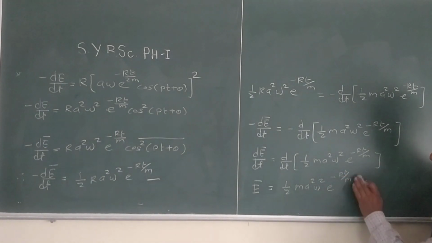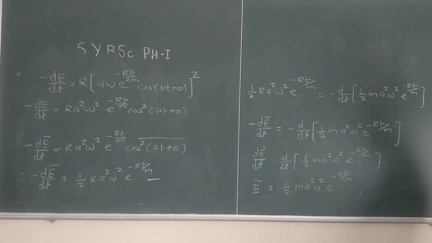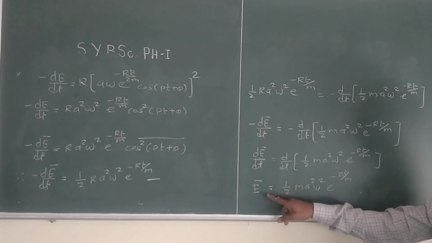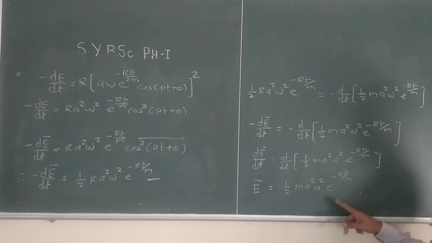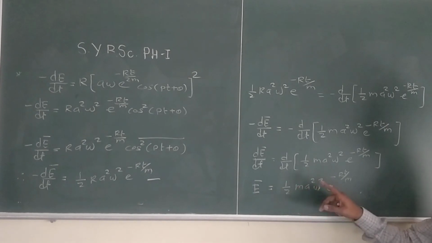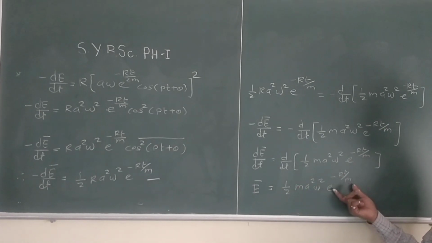Like this. Now the average energy depends upon the damping coefficient, and this damping coefficient is in exponential form. So average energy always decreases exponentially in order to overcome the damping force or resistive force.